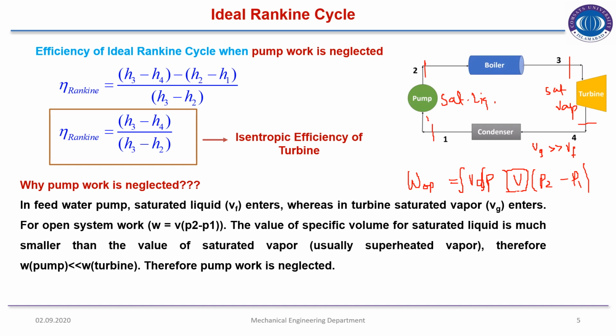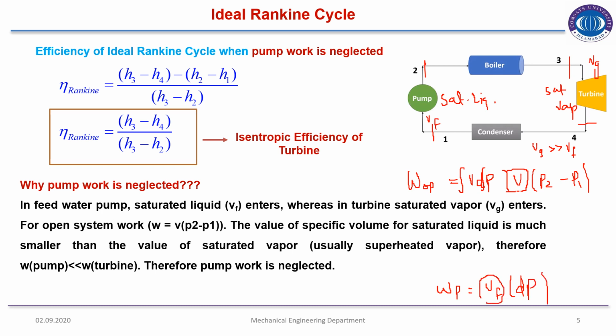Here the value for specific volume is Vf and here it is Vg. As the difference is very large, the value for Vf is very small and the value for Vg is very large. Therefore, the relation for pump work will be W pump equal to Vf into dP, or change in pressure during the pump.